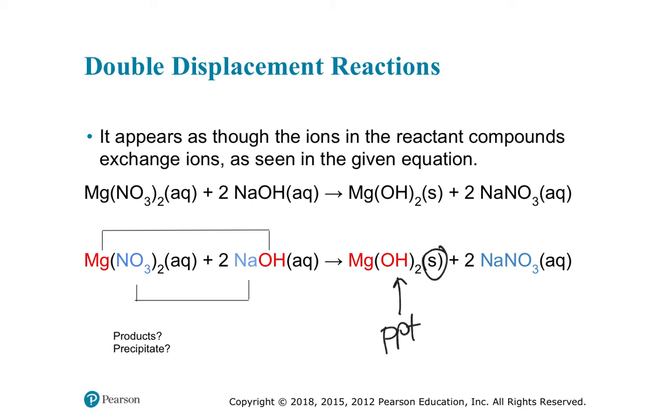That is going to fall out of solution as a solid. So you can tell by the state of matter in an equation which one is the precipitate. However, at some point you also need to be able to determine, if there is an ion exchange, what is going to stay in solution, what is going to be soluble, and what is going to be insoluble. And that is where you use the solubility table and your solubility rules.